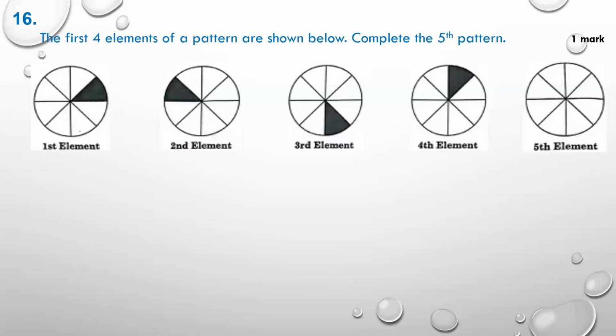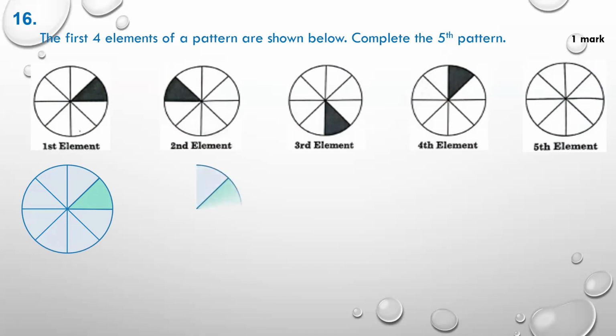But what's the difference between the first and the second? The shaded part has moved. And then it's moved again in the 3rd element. And it's moved again in the 4th element. So where will it end up in the fifth element? So let's redraw that first one. Let's bring up this circle with the 8 parts and show the part which is shaded.